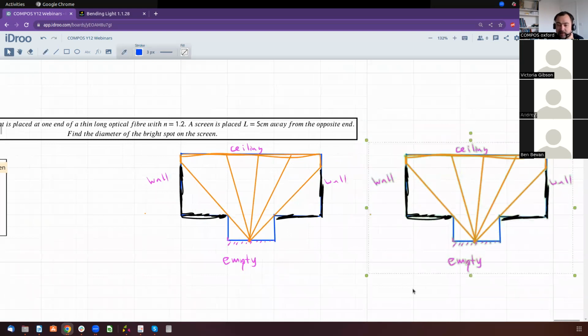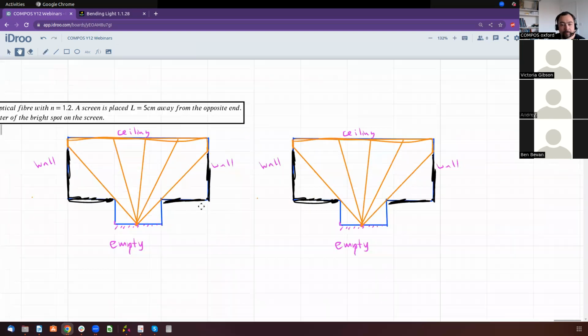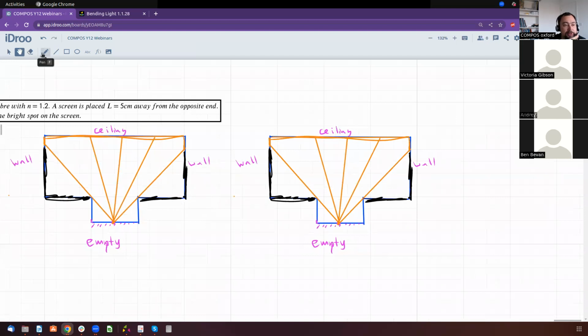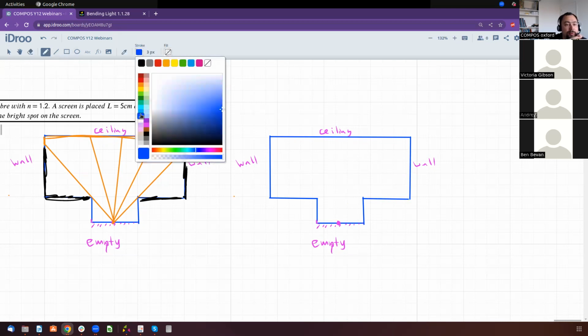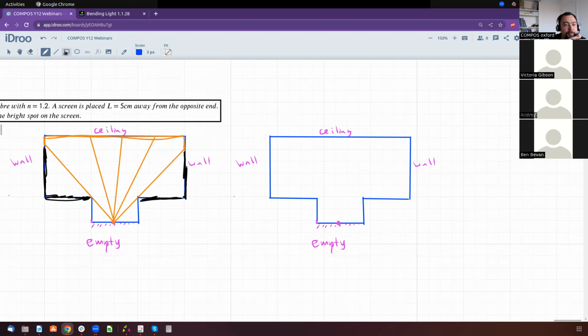And now consider the same situation, but the swimming pool is full. There is water in the pool.